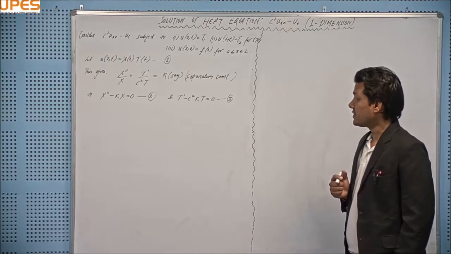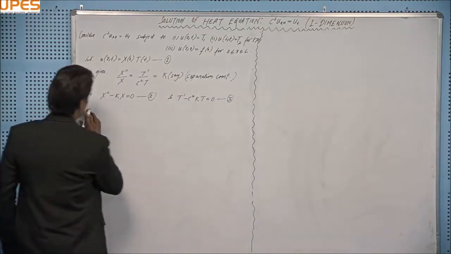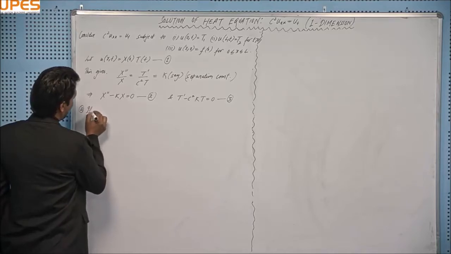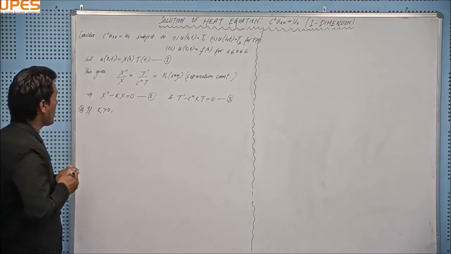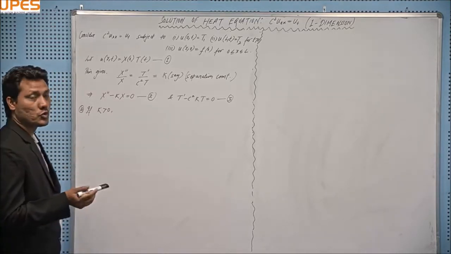So first I will take k as a positive quantity. If k is positive, then I have to select k equal to p square.